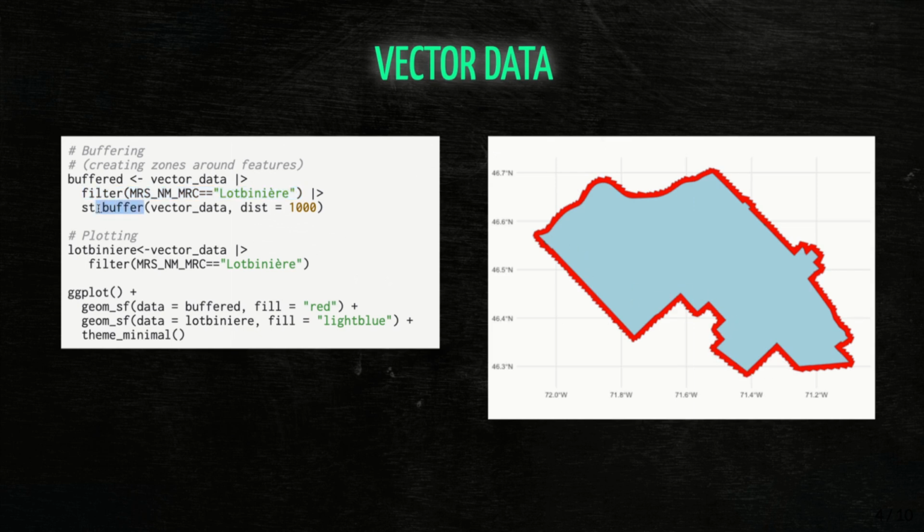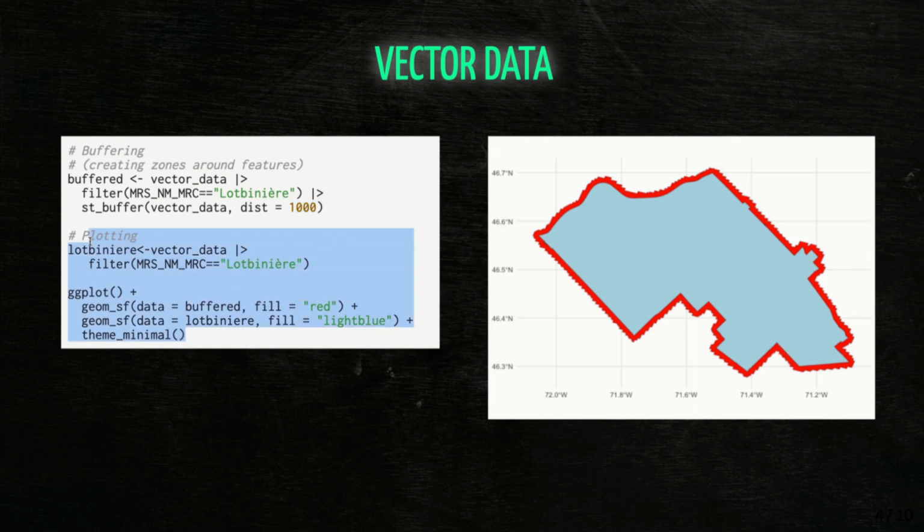I can choose to add a buffer with the st_buffer function and specify a distance. Here, no matter the CRS of your polygon, the distance is in meters. So I choose to add 1 kilometer around my polygon in blue.